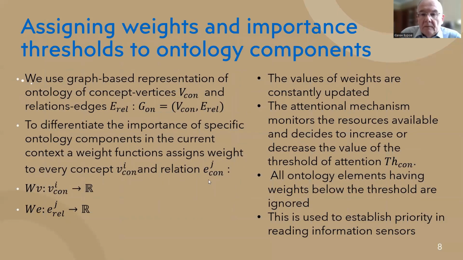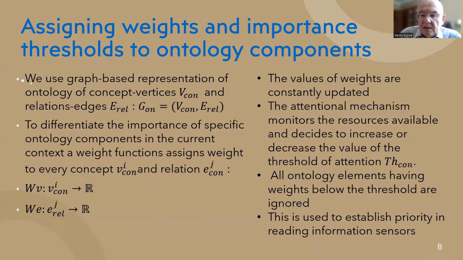Each component of the contextual ontology receives a weight. We use a graph-based representation of ontology, having edges and vertices. And we differentiate the importance of those elements of ontologies by assigning them weights.